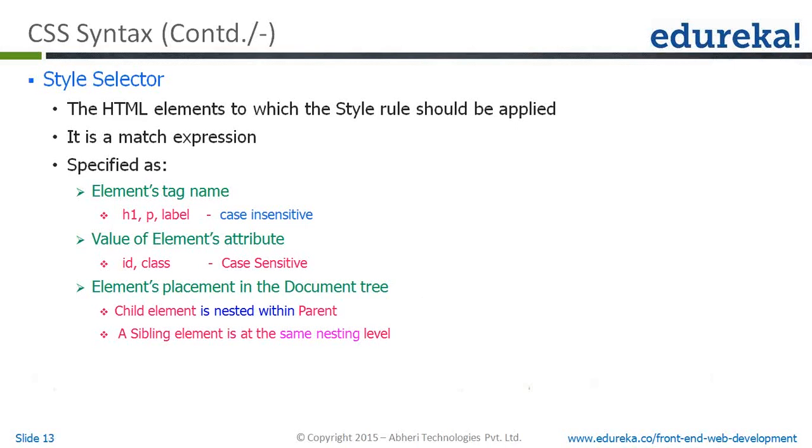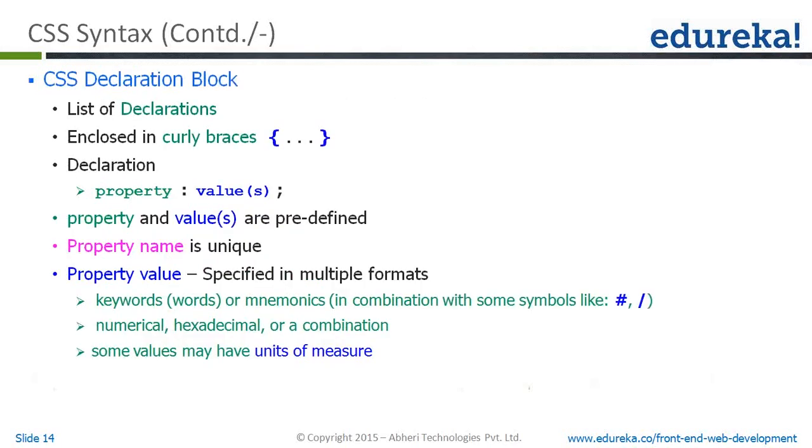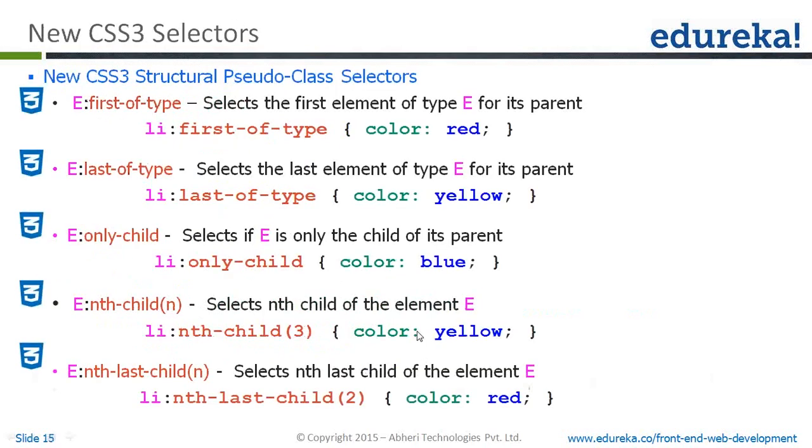Using CSS, you can style the elements which are there in the document tree. CSS has a very simple syntax wherein you have a selector followed by a declaration block. Within the declaration block, you define properties and values. So these are some of the CSS style properties.